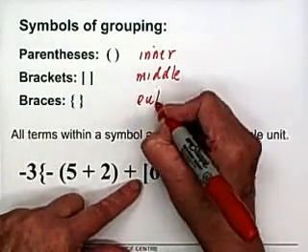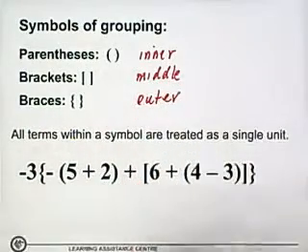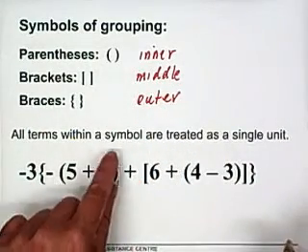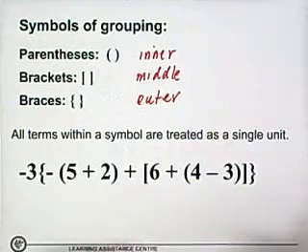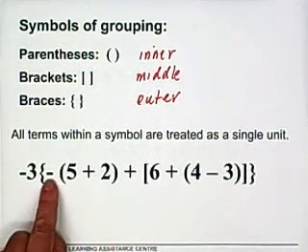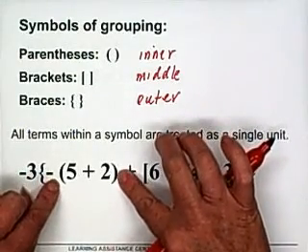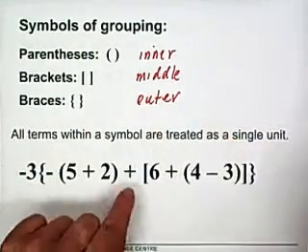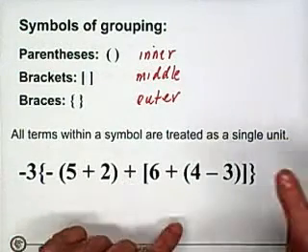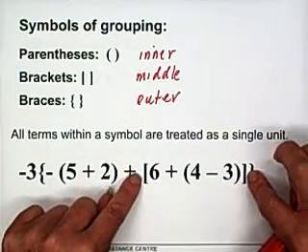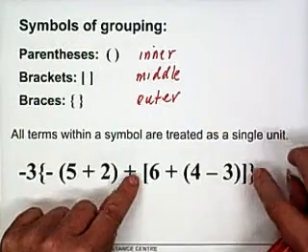So these are outer. And all terms within a symbol are treated as a single unit. So what that means is when we have this minus sign here, it is subtracting everything inside these parentheses. This plus sign is adding everything that's inside this bracket.